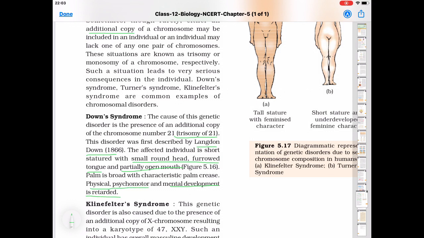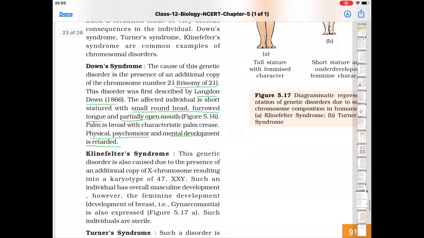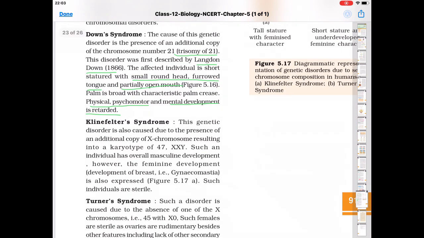Next is Klinefelter syndrome. This genetic disorder is caused by an extra copy of the X chromosome. So, these individuals have XXY genotype. That is, their total number of chromosomes is 47. They are phenotypically male. Phenotypically means from the outer appearance, male-like structure is present.